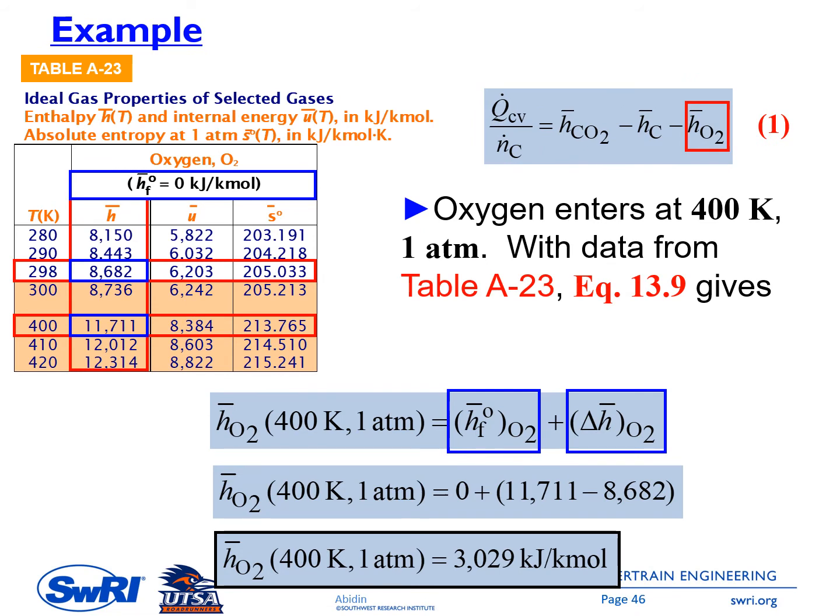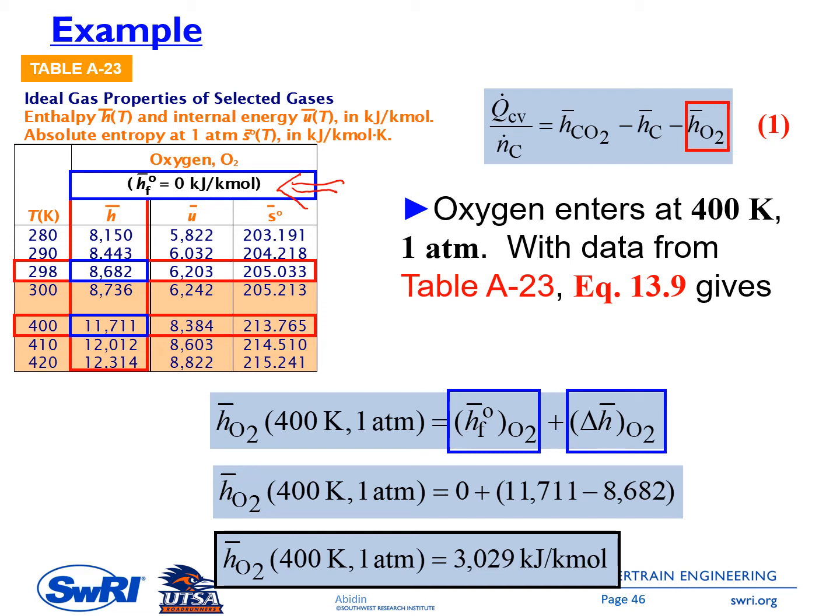is for oxygen. Oxygen enters at 400 Kelvin and 1 atmosphere. To get the enthalpy of oxygen, we need to know the enthalpy of formation and the delta H. Oxygen is a stable component at reference state, so its enthalpy of formation equals 0.